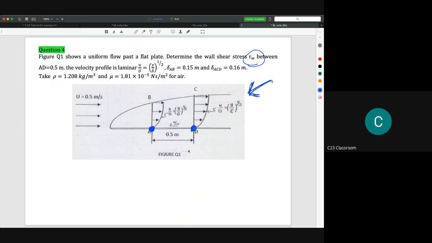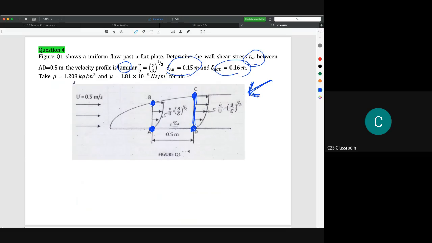Then assume that the profile is laminar and u over U is y over delta to the power of 1 over 2. One over 2 is quite small, less than 1, so maybe we could assume it is laminar. It is given that delta AB, the boundary layer from A to B, is 0.5, and delta at CD, the boundary layer at CD, is 0.16.